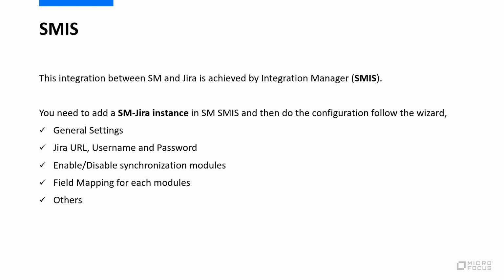Usually it includes steps like specifying general settings: the Jira URL, username, and password. You can enable or disable some synchronization modules. Also, you need to specify the field mapping for each module and for each field in this wizard. And there are some other options there. After the Service Manager Jira instance is added, you can enable it. Then the integration will work.